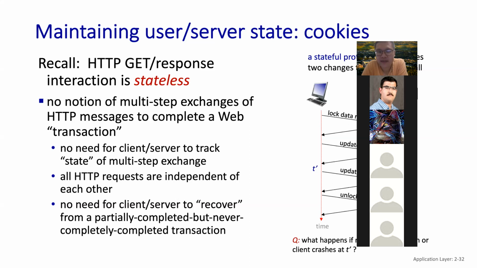So if we have a stateful protocol, the client could make two changes to X or none at all. But if we don't have that, you only update X one time, right? It's not a complete transaction.